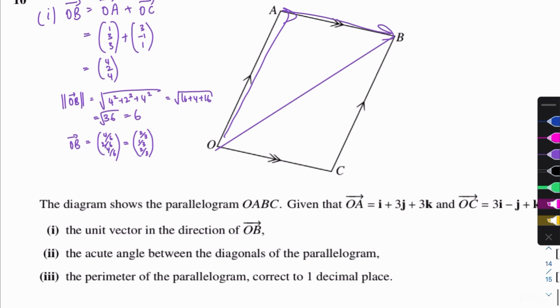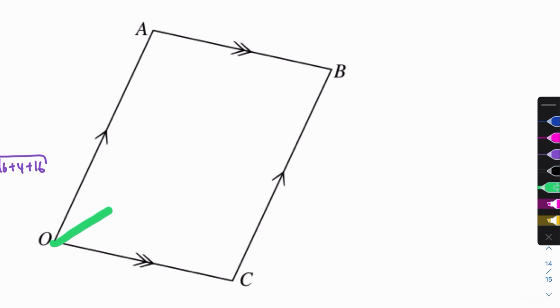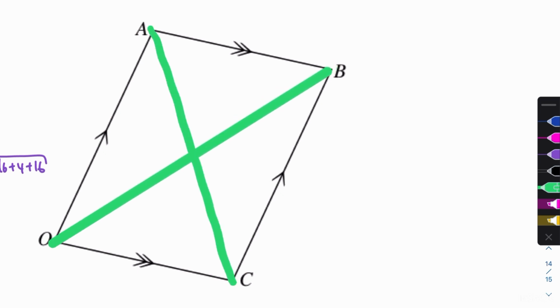Part 2 says to find the acute angle between the diagonals of the parallelogram. So here's our parallelogram, here's one of the diagonals, here's the other diagonal, and we want the acute angle, which means the smaller angle, so this one.